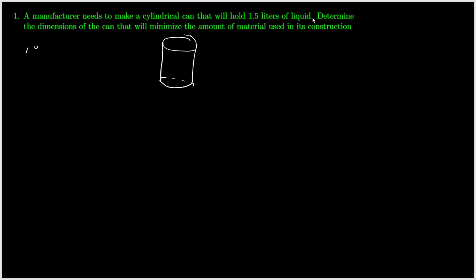And then you are looking for the dimensions of the cylinder. By that we mean we are looking for the height and the base radius, so that the can has the smallest possible surface area. Minimize the material means to minimize surface area, right? So we're done with step 1.